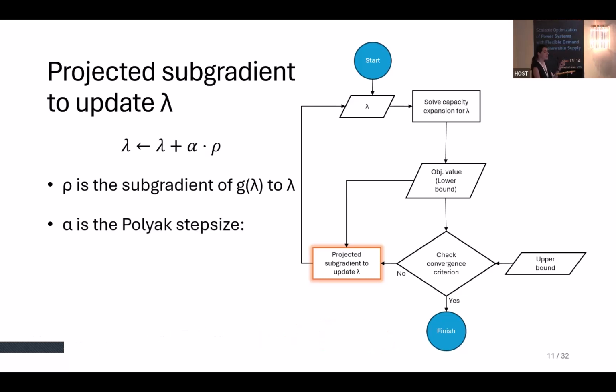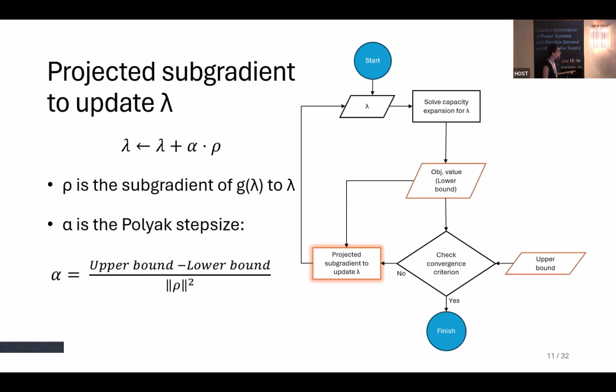Alpha is a step size. We're using the Polyak step size, meaning it is the upper bound, ideally the optimal upper bound, the actual star, minus the lower bound, which is the objective value I retrieve with every iteration, over the squared norm of the subgradient.